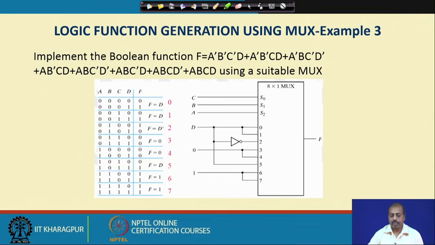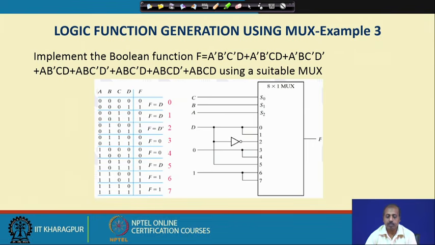I can take help of a few lines and inverters to feed the data lines of the multiplexer, and accordingly I can get the 4 input function realized using an 8:1 multiplexer.